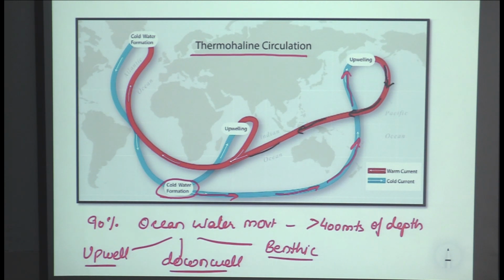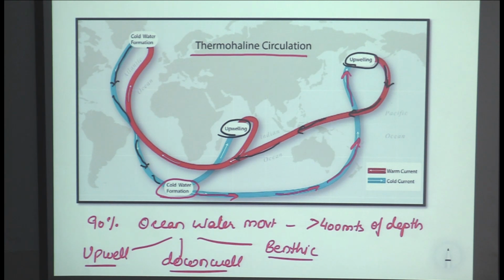So red is warm water. Notice upwelling in lower latitude, upwelling in the higher latitude, cold water sinking in here. Why upwelling here? We have got the effect of boundary current. So see carefully. Cold water formation, downwell and then upwell.